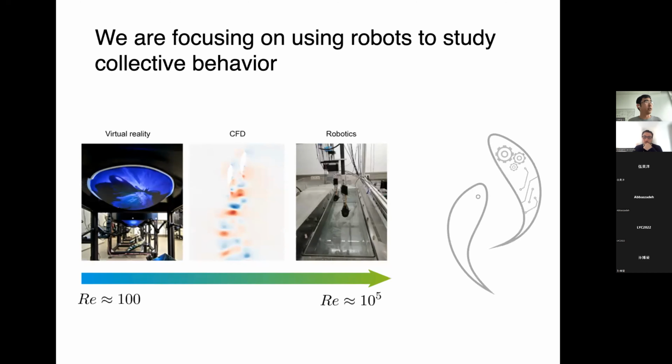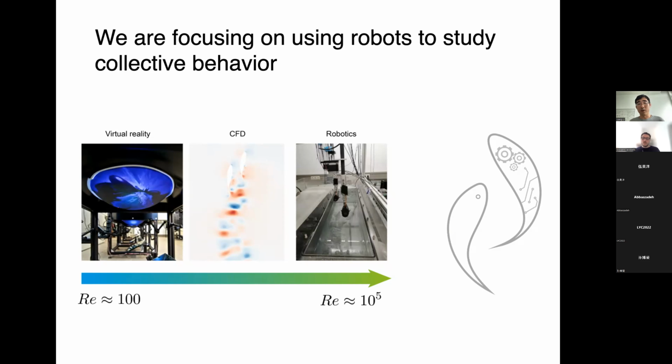At moderate Reynolds number, we can also use a computational fluid dynamics system to simulate the fluids, and also use other visual reconstruction methods or algorithms to reconstruct the vision system, to understand what potential sensory information the fish can get to make individual movement decisions.